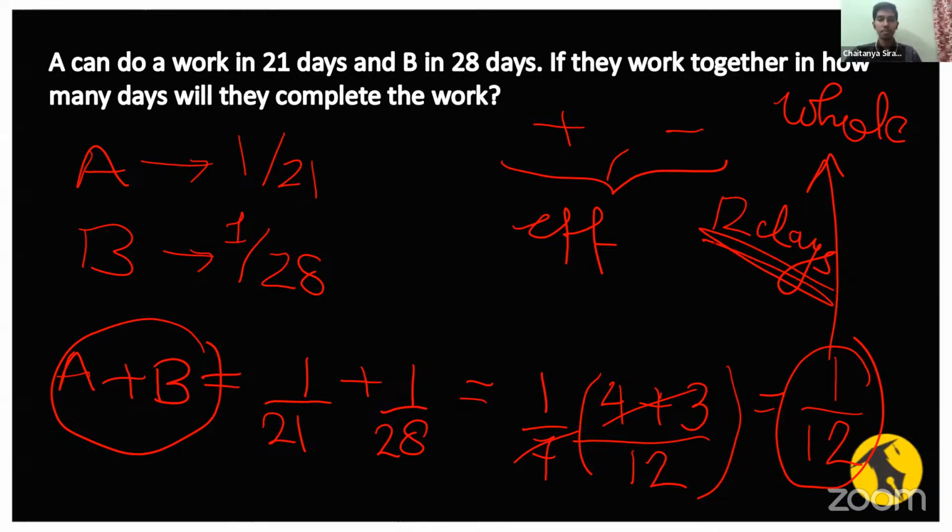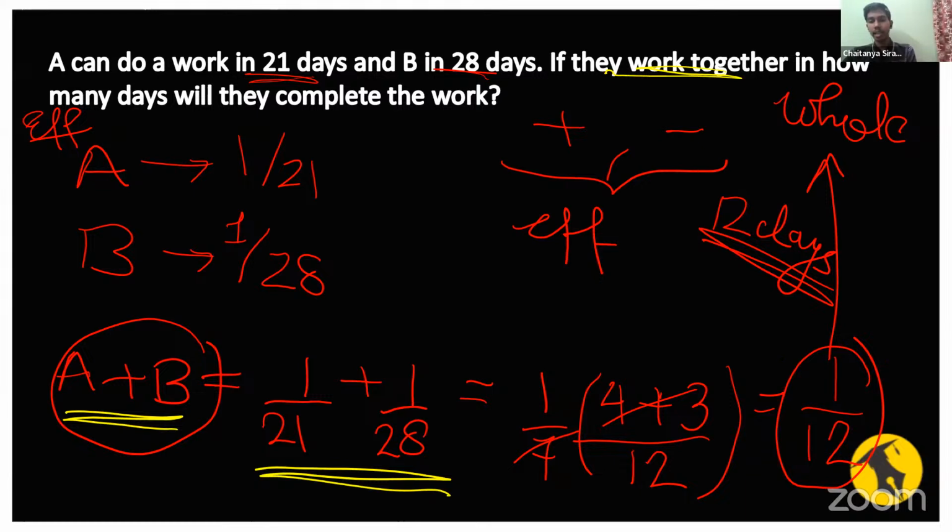All right. I'll re-explain the logic. I have been given that A takes 21 days and B takes 28 days. So I can find their efficiency. Once I find their efficiency, the question says they are working together. So I add the efficiency of both of them and I get their combined efficiency per day.